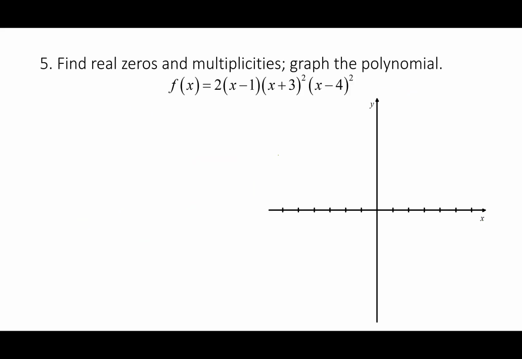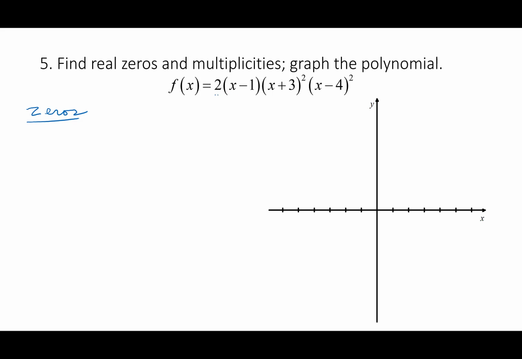Moving on then, we want to find real zeros and multiplicities and graph this polynomial, which is f of x equals 2 times x minus 1 times x plus 3 squared times x minus 4 squared. It's fairly easy to find these zeros. We look at what values for x would make our factors equal to 0.